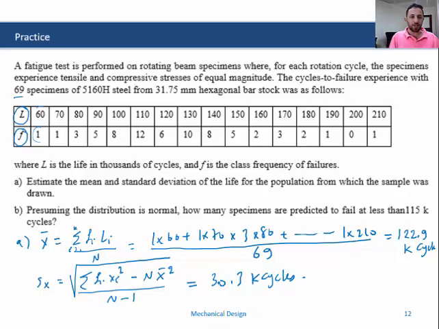All right. Now, because we are only testing a portion or a sample of the components, which is 69, it may not reflect the whole manufacturing of specimens, and therefore this table is just a collection of sample data.